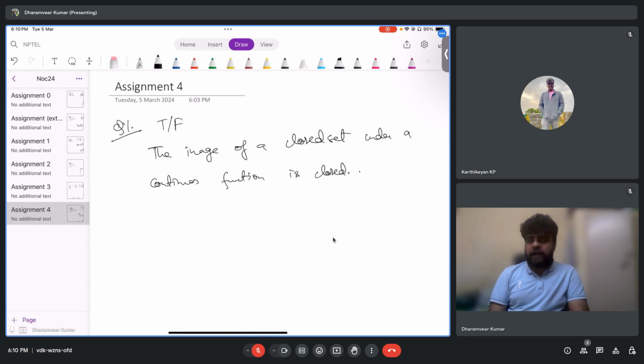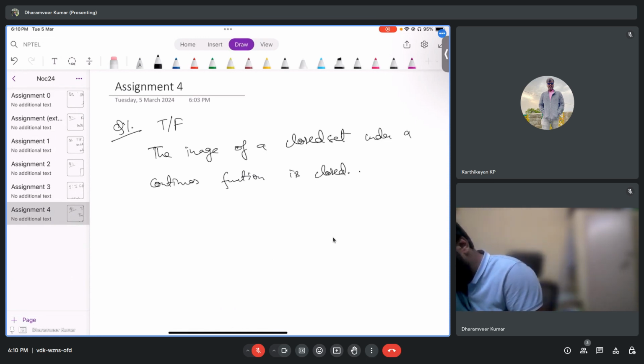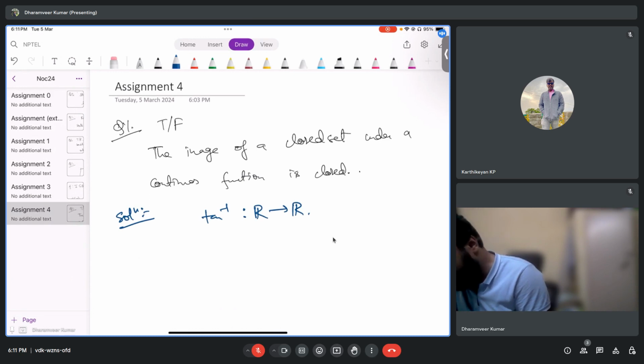For compact sets it is true. So we'll give an example. Take tan inverse from R to R. What is the image of tan inverse on R?